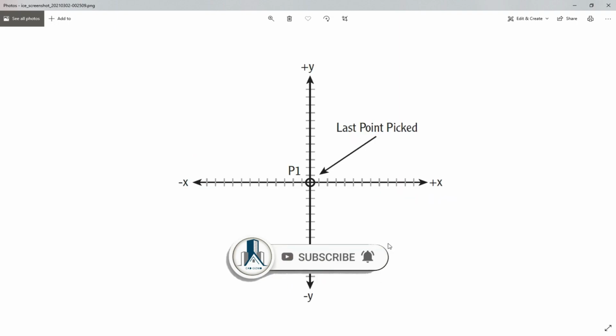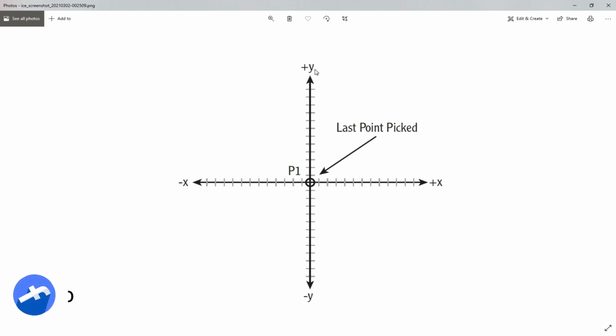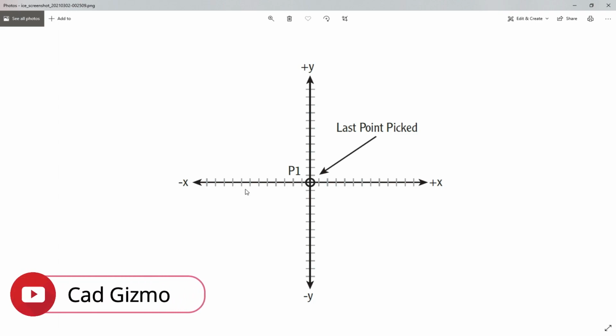The right x and the upside y is positive, and left x is negative and the down y is negative.